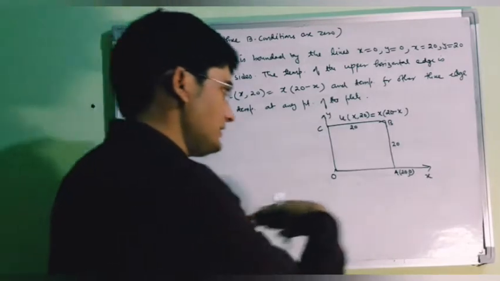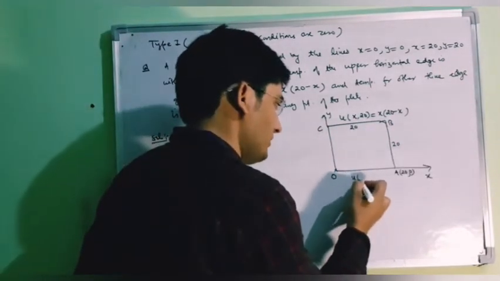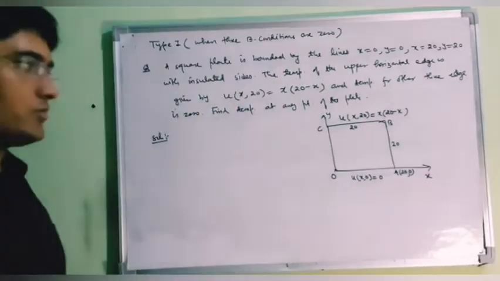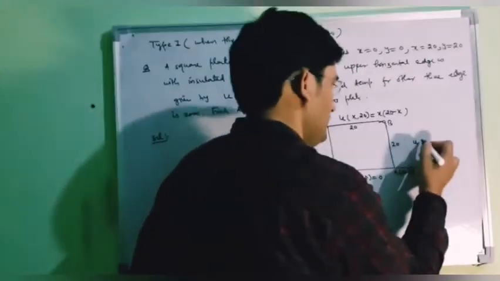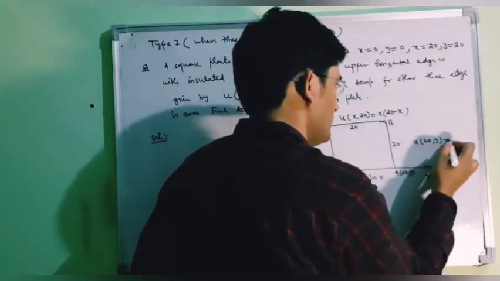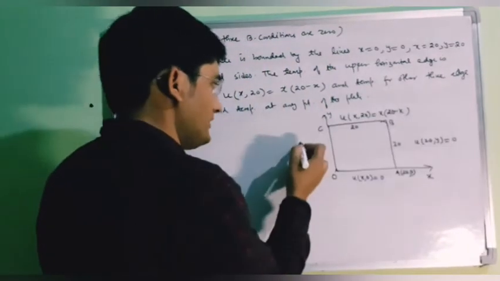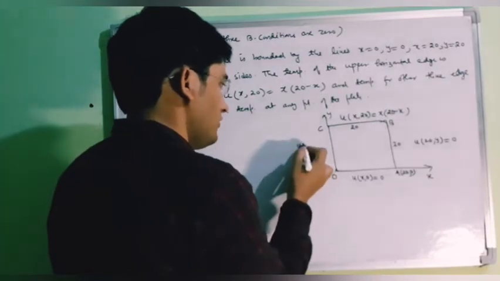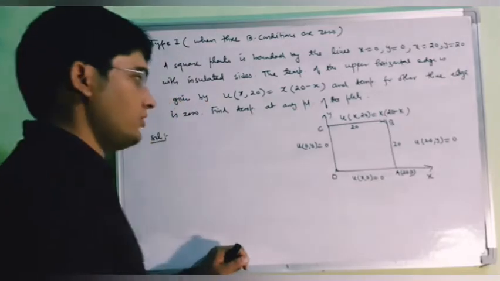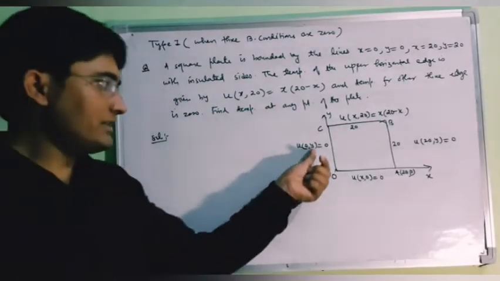So for this edge your y will be 0 and your temperature is 0, and here again your x is 20 and your temperature is 0, and for this line your x is 0 and for this edge your temperature is again 0.